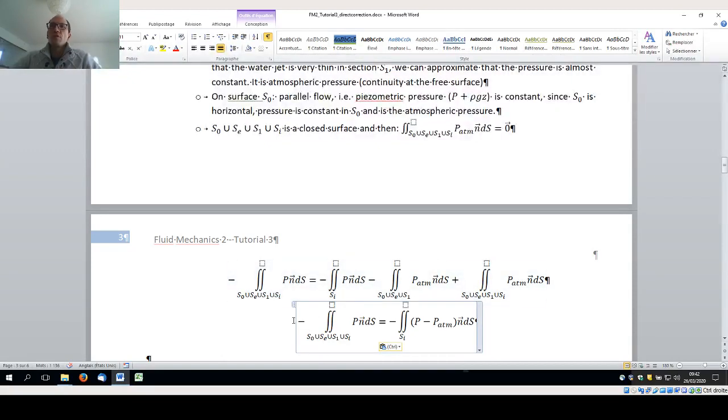So this means that the integral of pressure terms over all surfaces of our control volume actually ended up in only the integral of pressure on the surface in interaction with the solid surface. So this means we have simplified quite a lot the writing of our equation.